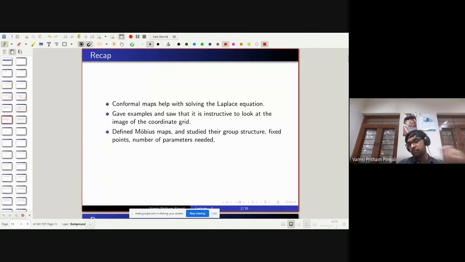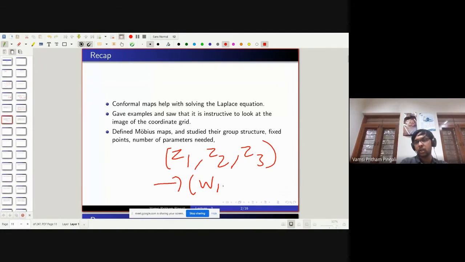And we also saw, related to this fact, that given any 3 distinct points on the Riemann sphere, it's crucial that they're distinct, you can map them to any 3 other distinct points on the Riemann sphere by means of a unique Mobius map.